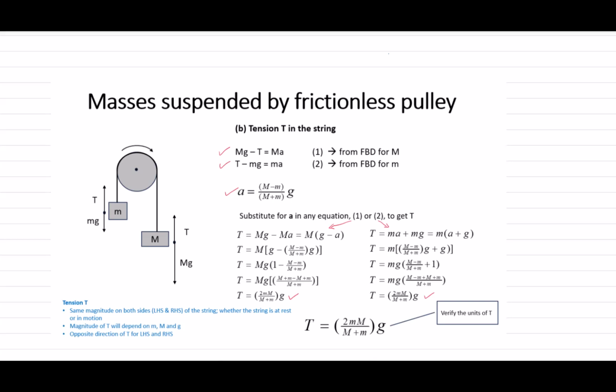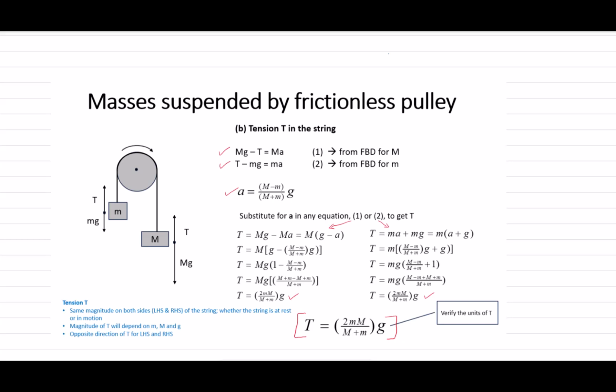It's important to note that the expression for T will be equal to twice the product of the masses, and in the denominator we have the sum of the masses. So 2Mm over (M plus m) times g. Now it is also important to verify the unit of T. We know that tension is a force, and therefore it should have the units of force.